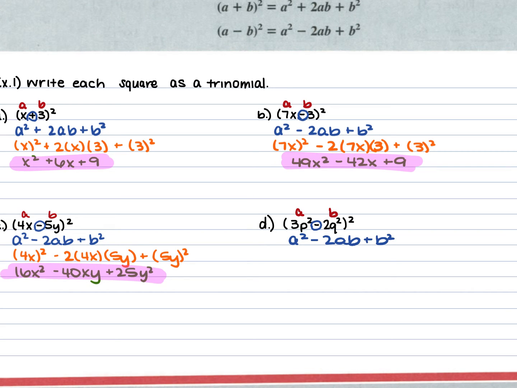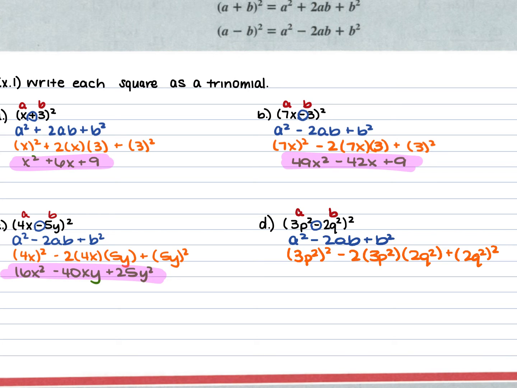Your a, we said, was the 3p squared. So this is going to be 3p squared raised to the second power minus 2 times 3p squared. Your b is the 2q squared, so we're going to put that in. And then do the 2q squared raised to the second power.